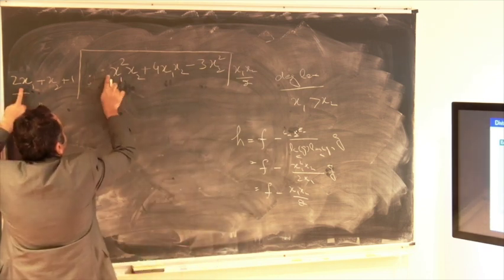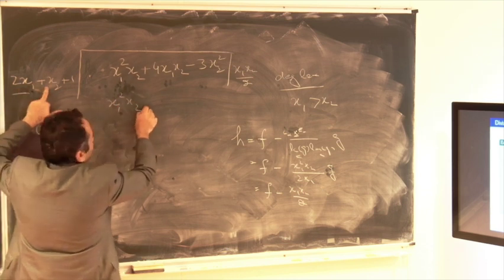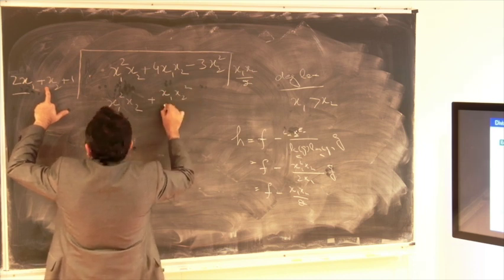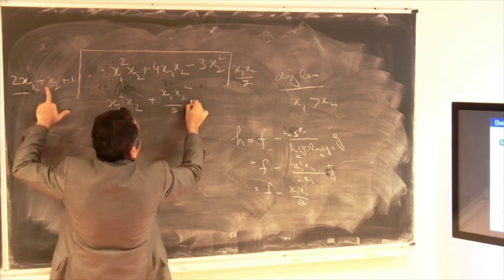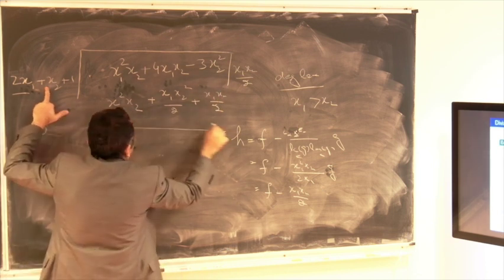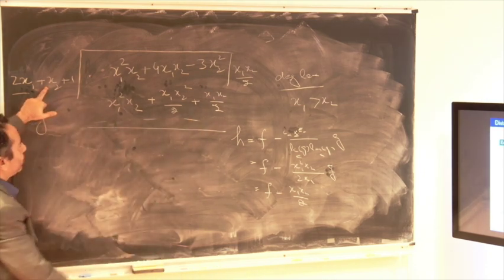There is no need of writing f there, so we get this x1 square x2 plus x1 x2 square by 2 plus x1 x2 by 2, and we get this. Since we are going to subtract this from f, we'll get this.